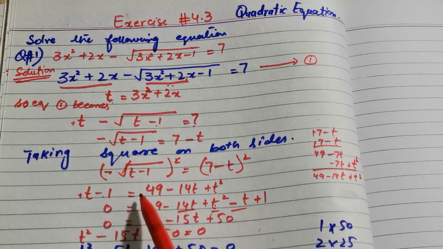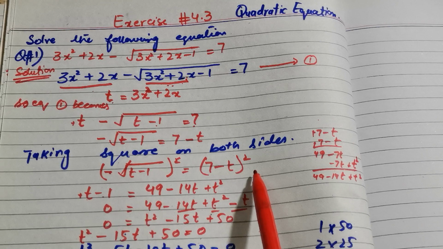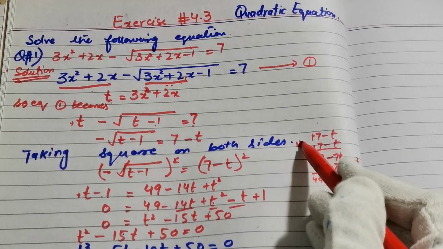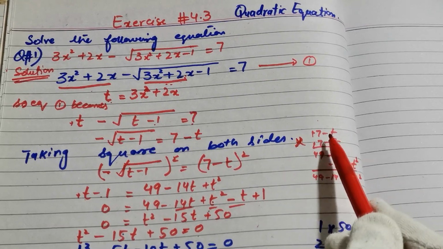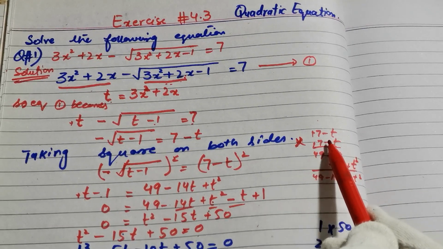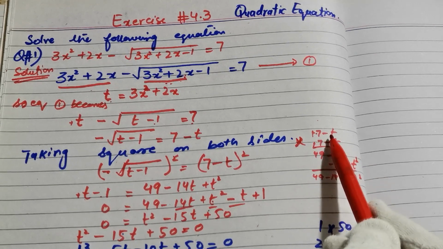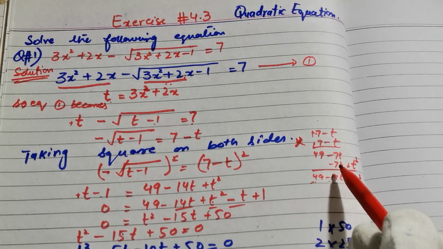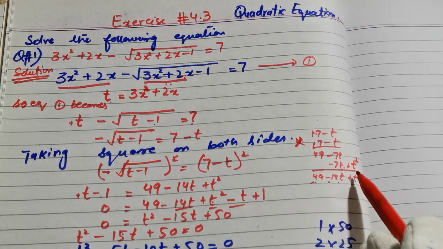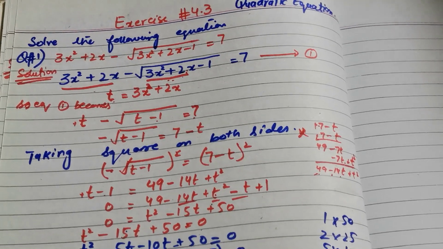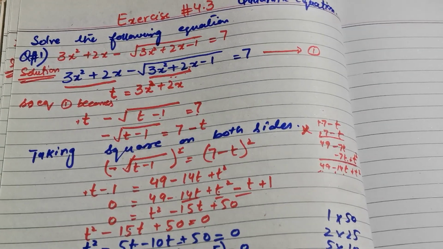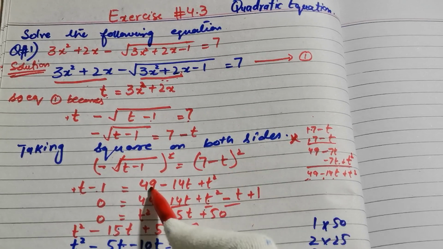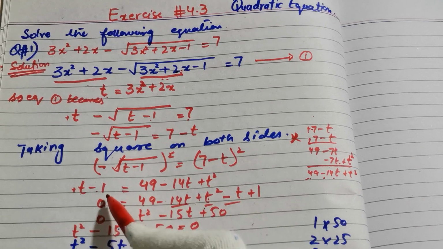What is left? t minus 1 is left, which is equal to (7 minus t) whole square, which is 7 minus t into 7 minus t. 7 sevens are 49, minus 7t, minus 7t, and plus t². So (7 minus t) whole square is equal to 49 minus 14t plus t².